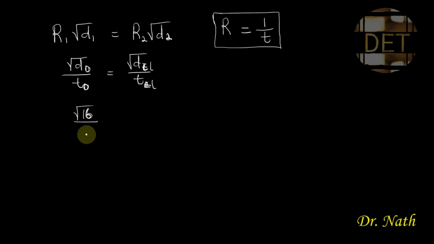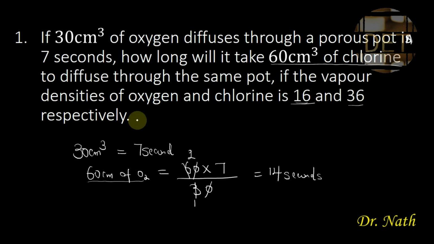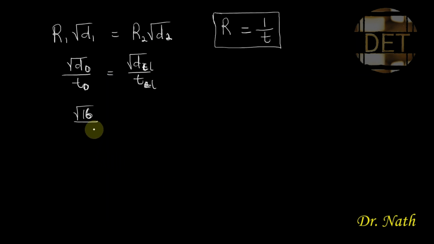over the time it will take 60 centimeter cube of oxygen to diffuse through the pot, which is what we've calculated here, 14 seconds. So my T1 is 14 seconds, equal to my D2, which is the density for chlorine.